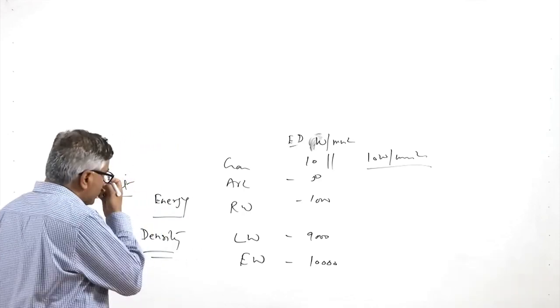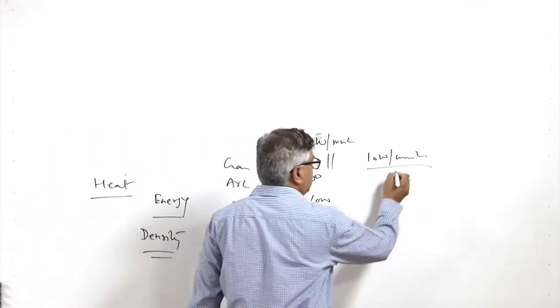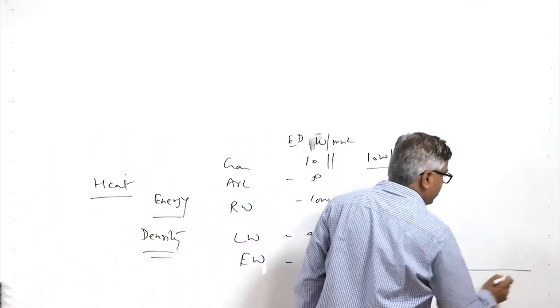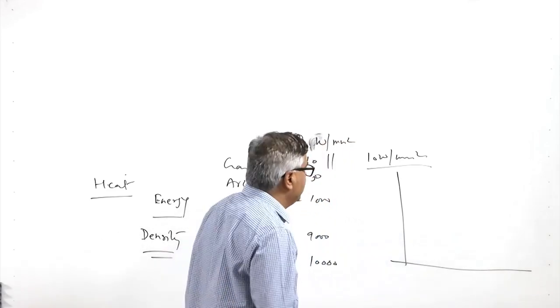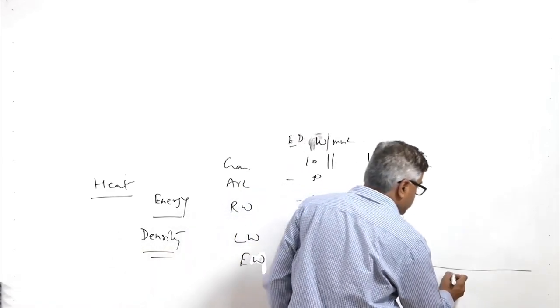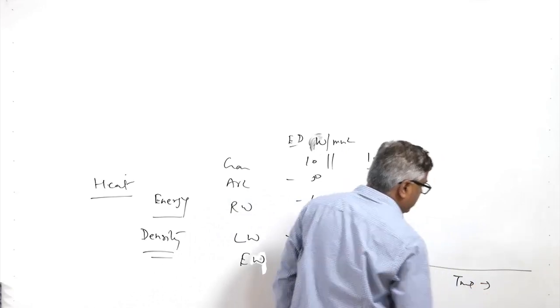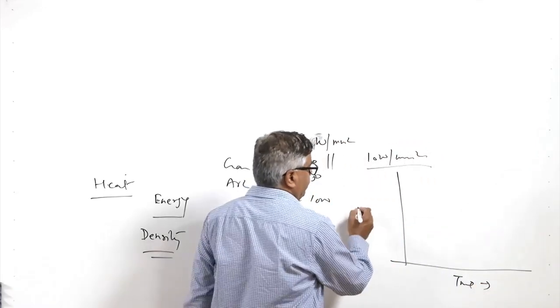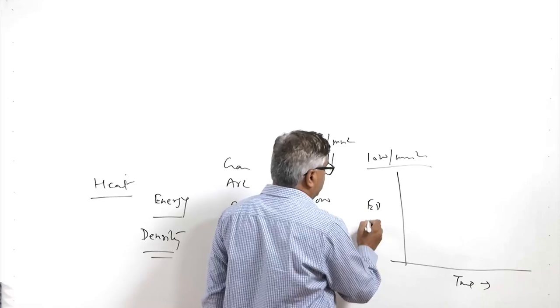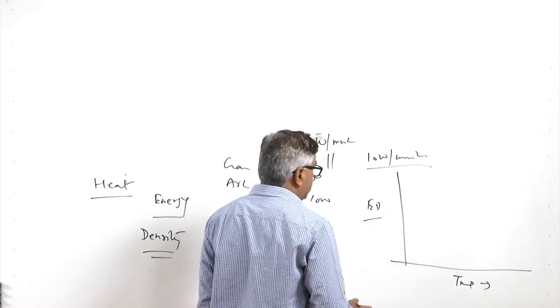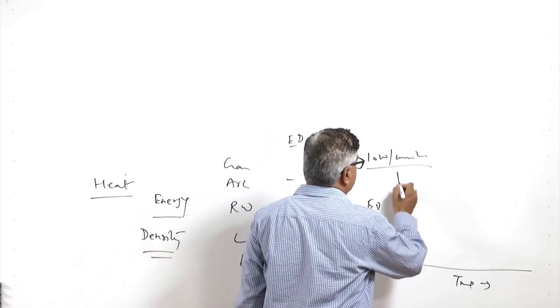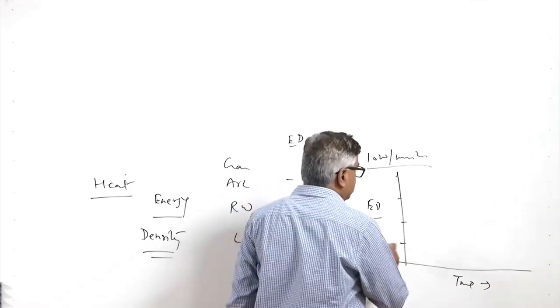So what is the role of the energy density in facilitating the fusion, and the amount of heat required to melt? For that, we need to see the time on the x-axis and energy density on the y-axis.